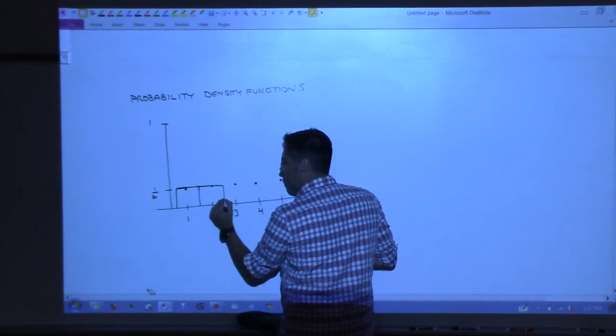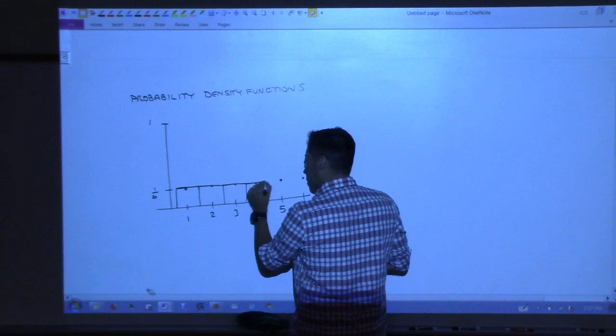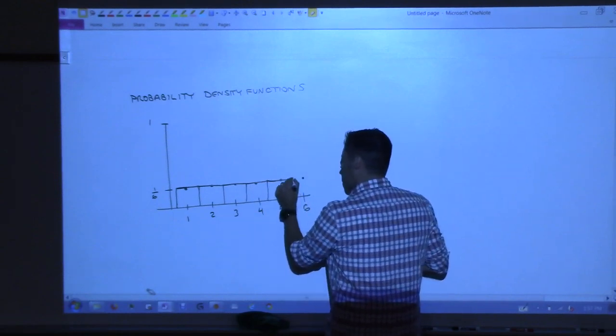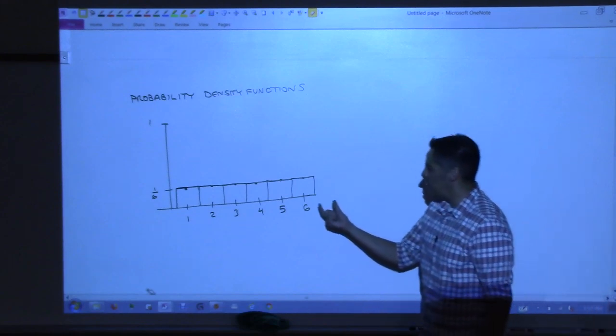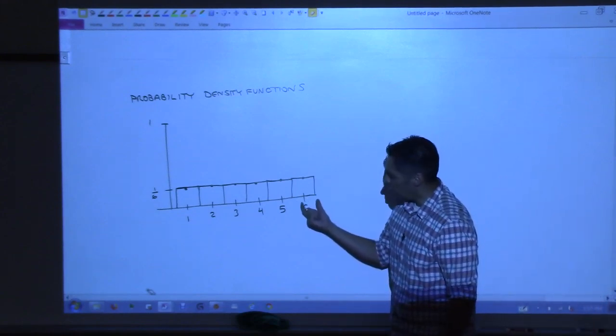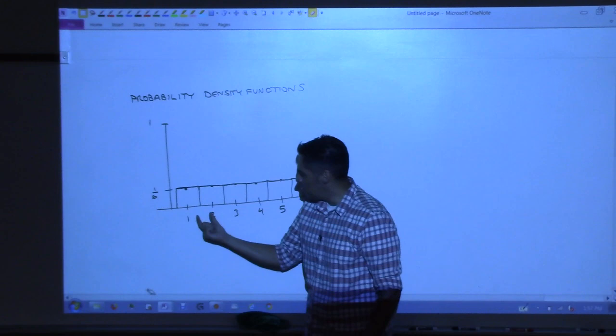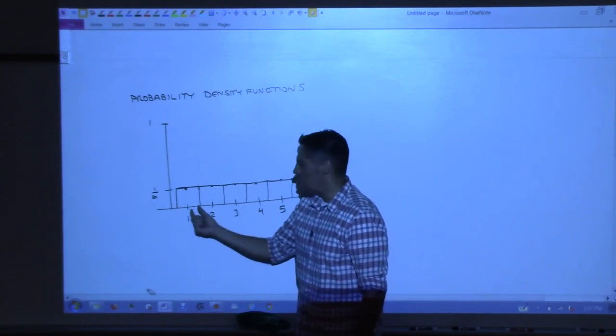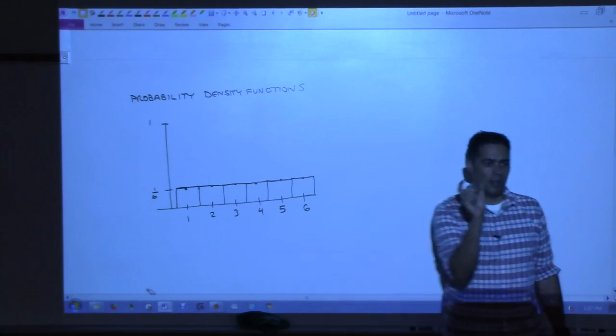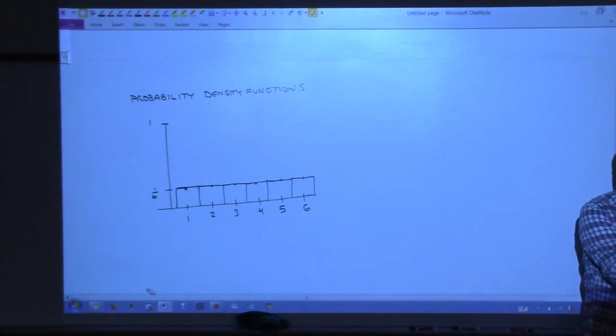Rectangle here, rectangle here, rectangle here, rectangle here, and a rectangle here. Each of those rectangles is how wide? Each one is about half each way, right? So each of these rectangles, I've drawn them so that they're 1 unit wide. Agreed?